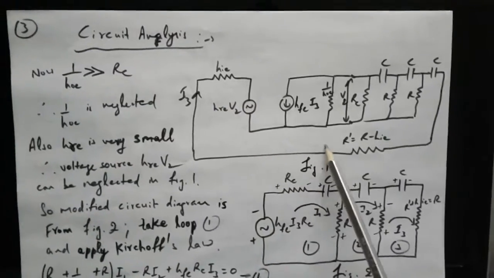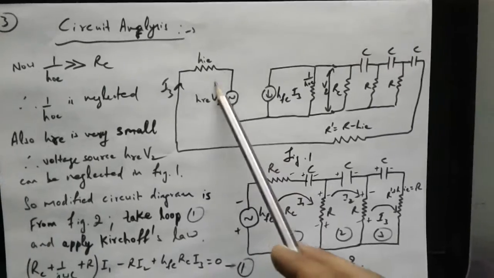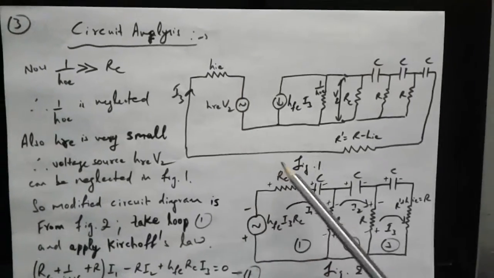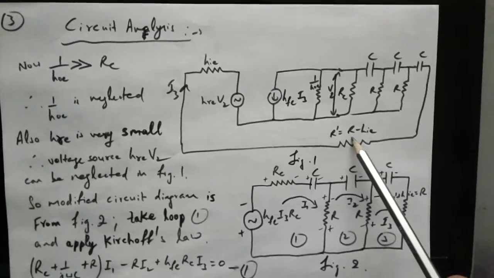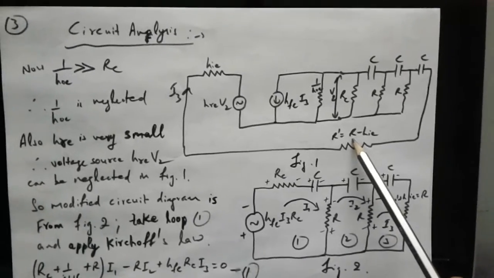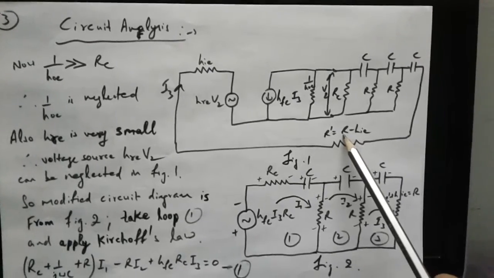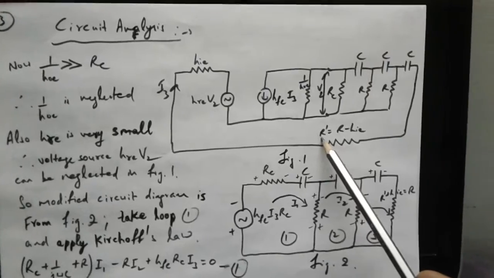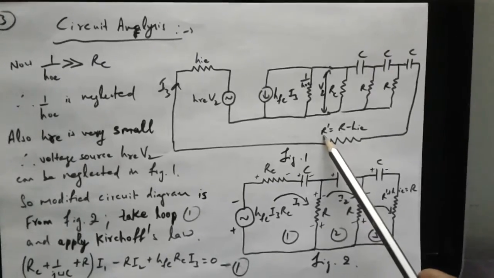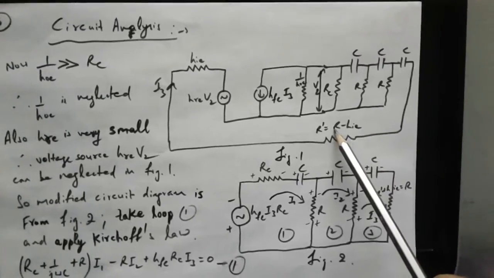So when we take R dash, and if I add HIE to it, you can see easily that the total resistance becomes R, because minus HIE plus HIE cancel each other. That is why we have taken the last resistance R dash, so that the total resistance remains R.